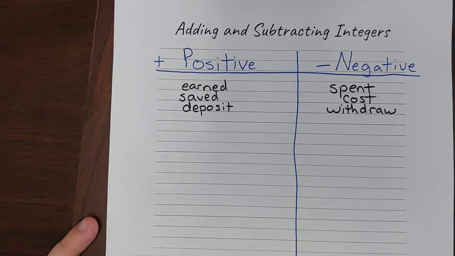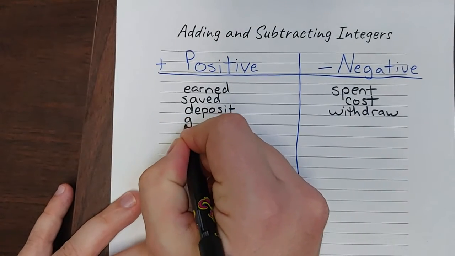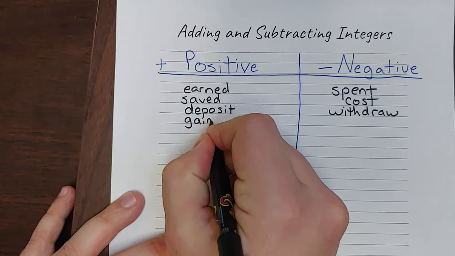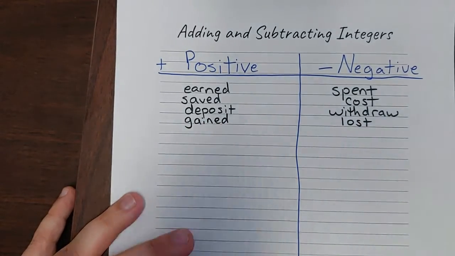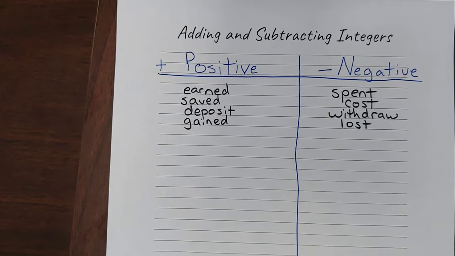We also have gain and loss. If you're gaining something, you're collecting something. If you lose something, you don't have it anymore.